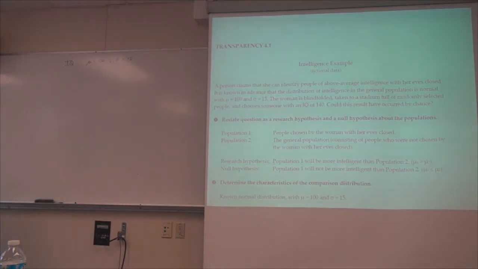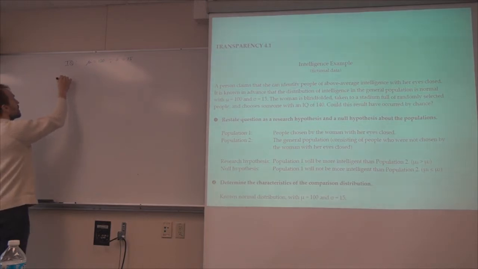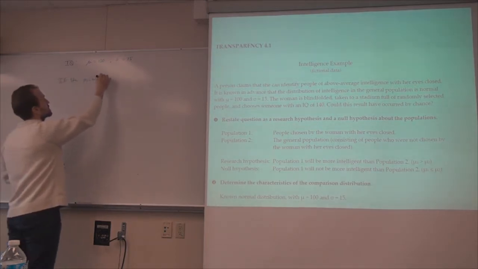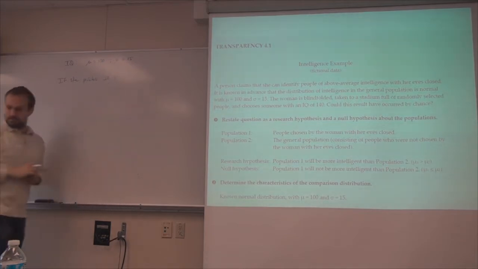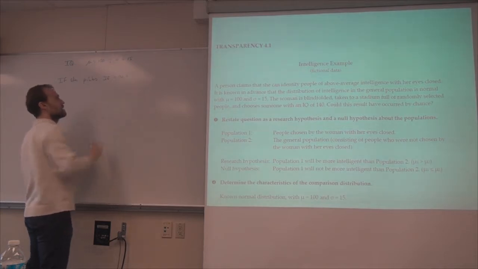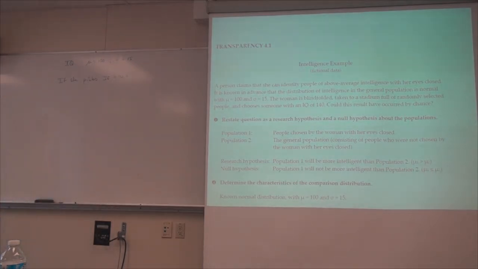So if she picks an IQ of, let's say, 145, how do I determine how unlikely that is? I know 145 is high, but exactly how high is high?